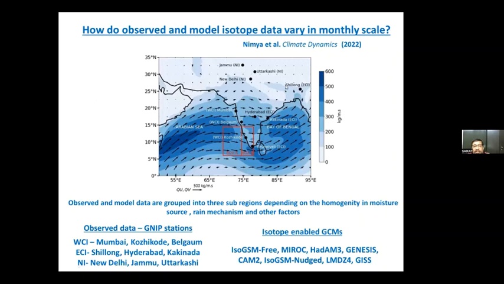There are different locations, which we grouped into 3 groups: Eastern Coastal India, Western Coastal India, and Northern India. There are 9 stations in total, and we also consider several models, to see how these models capture the observed isotope values in the different regions. This is our very latest study, published in Climate Dynamics.